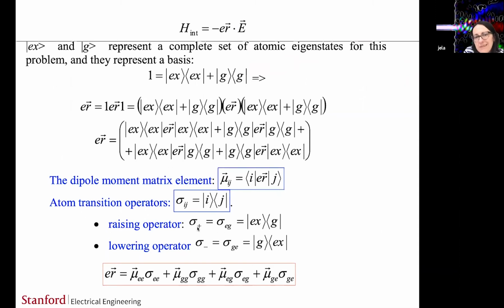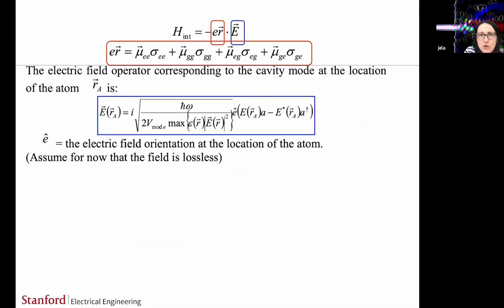The reason why I wrote it in two different ways is because you saw that we removed the terms that correspond to GG and EE because these dipole moments are zero, right? But I needed labels before I canceled these terms out for sigma EE and sigma GG, which is why I used sigma EG and sigma GE, right?